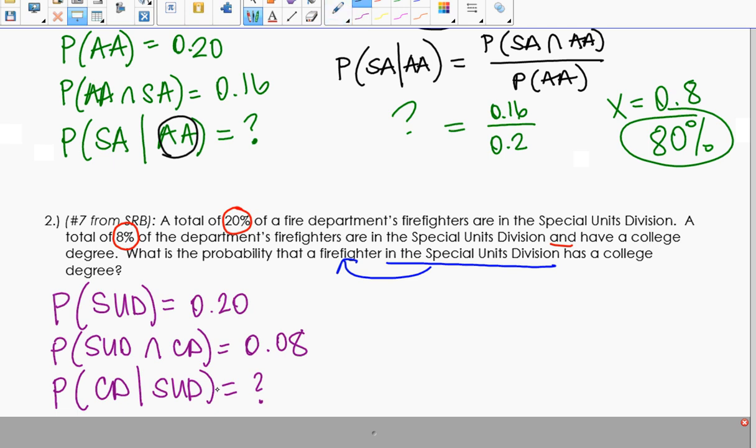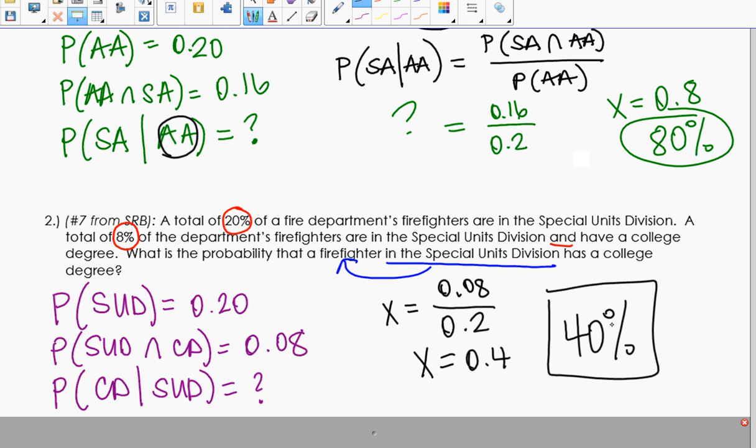So following our formula, the probability of our conditional, that's our unknown, equals the probability of both, so the special units division and the college degree, so 0.08, divided by the probability of the special units division, which is 0.2. If you put that in your calculator, you should get 0.4, so 40%.